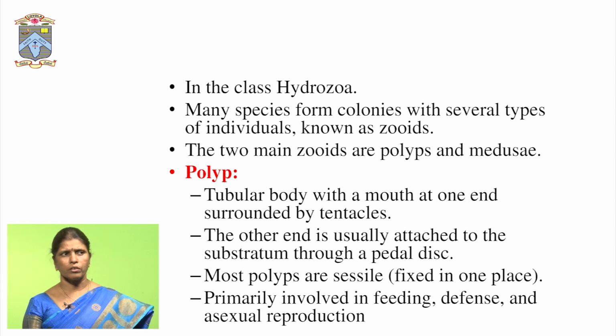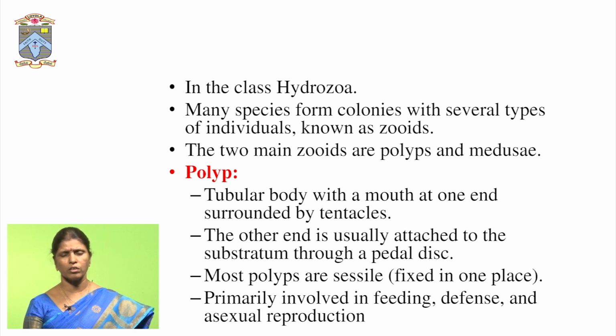The polyp consists of a tubular body with a mouth at the oral end, usually surrounded by tentacles. Its exactly opposite end is called the aboral end, also called the pedal disc or aboral disc.